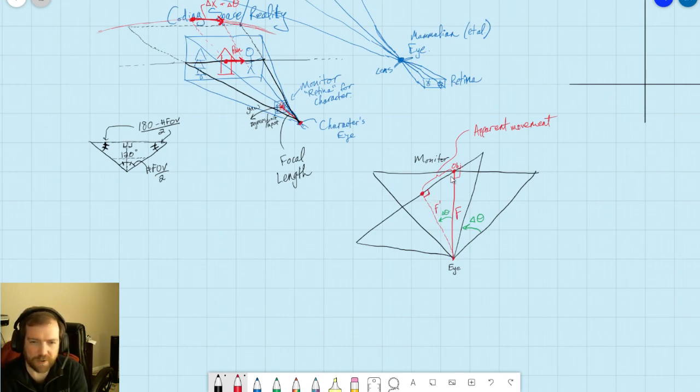So I've constructed a right triangle here where f prime and f should be the same distance, but it's a right triangle, so the hypotenuse should be longer. Which means I did this wrong. This should be drawn in an arc, right? And this and that should be the same distance. Maybe that's it.